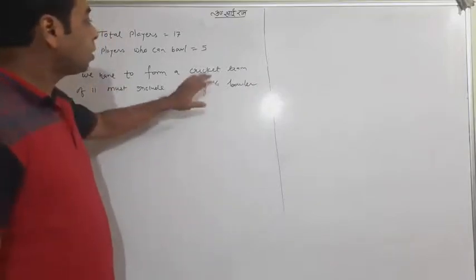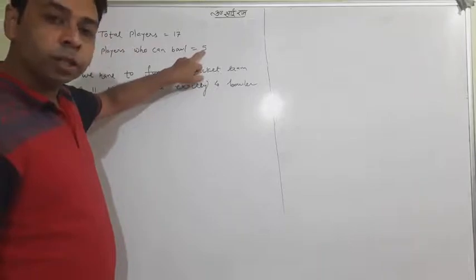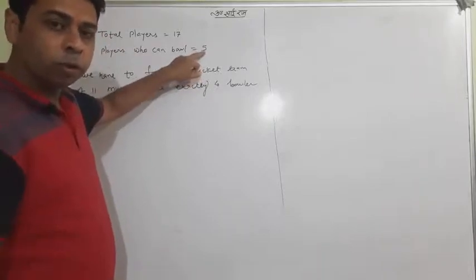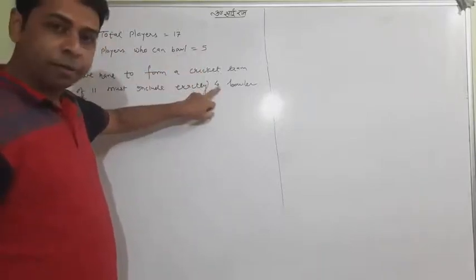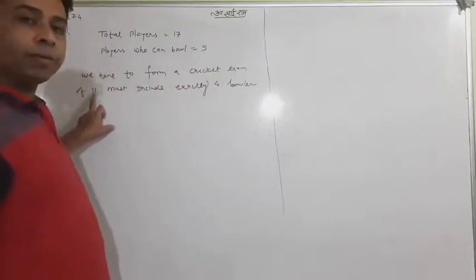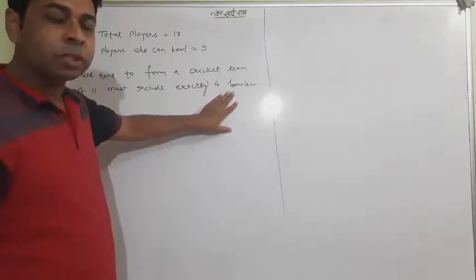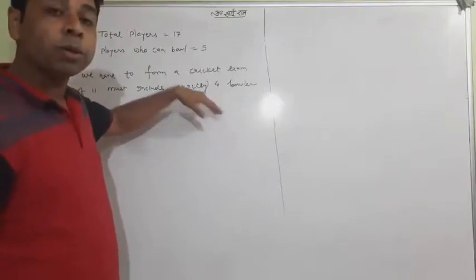It means that 4 bowlers will be selected from 5 bowlers because they are bowlers only. And the rest of the players, how many will the rest be? We want to make the team of 11. There are 4 bowlers, so the rest are 7. So 7 will be selected from the rest of the players.